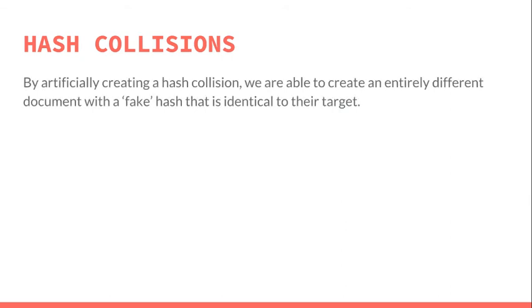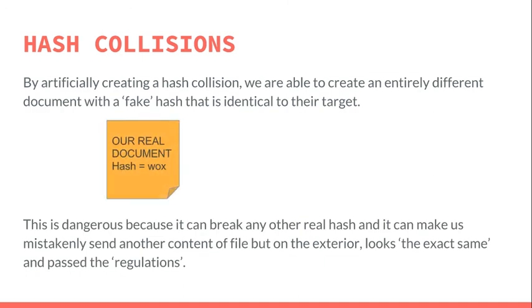Before, I mentioned artificially creating a hash collision, so other people can create a fake artificial hash collision. So we are able to create an entirely different document. For example, we have this document where we store our private information, and it's stored somewhere on a website, and the hash code is, let's say, WOX. So there's our real document.